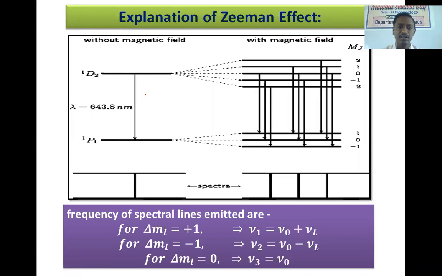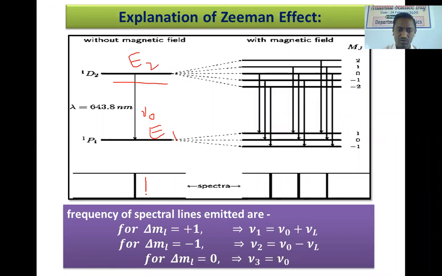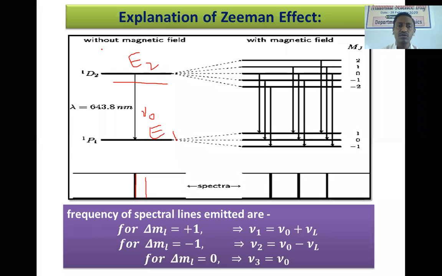There is a single spectral line, having energy E2, and the energy of the lower energy level is E1, and the electron makes a transition from E2 to E1 having energy or frequency equal to nu 0. Okay, means in a spectrum we have only a single spectral line as shown here by black color. A single line is obtained without magnetic field. See here, without magnetic field.